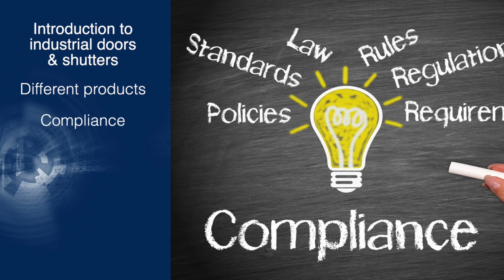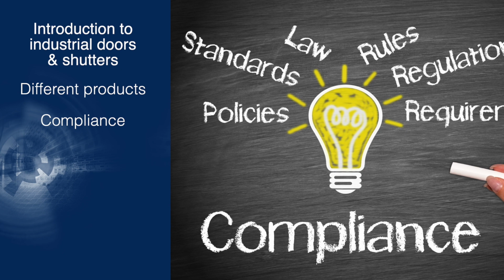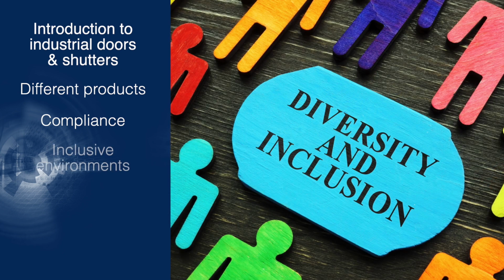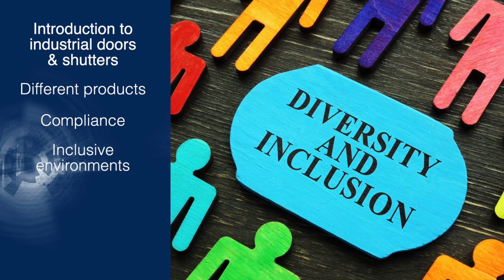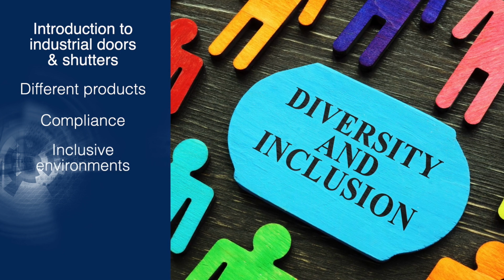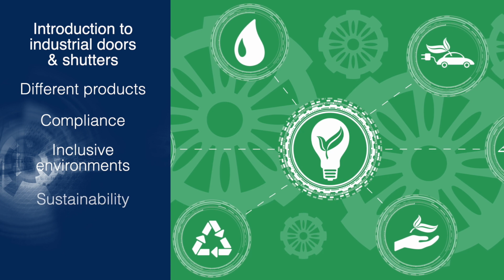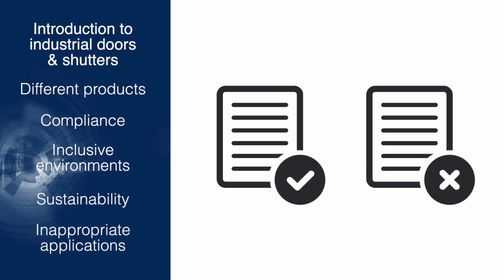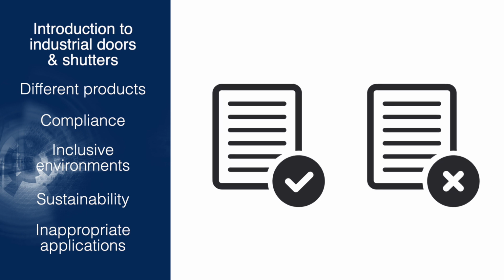Discussed statutory and regulatory compliance, including the ever-focal area of fire safety. Considered how products can be specified to meet your inclusive environment's needs. Talked about sustainability. Discussed how to avoid inappropriate applications.